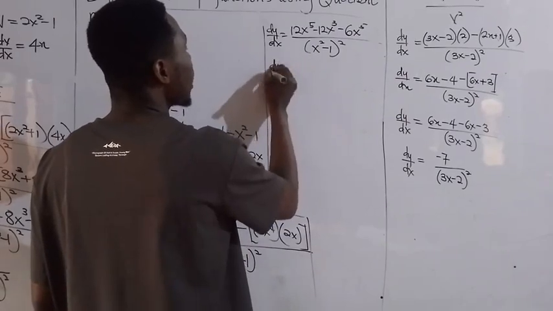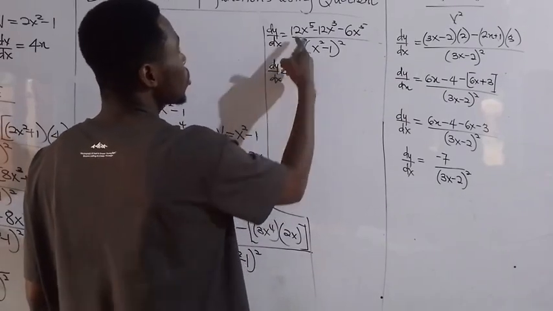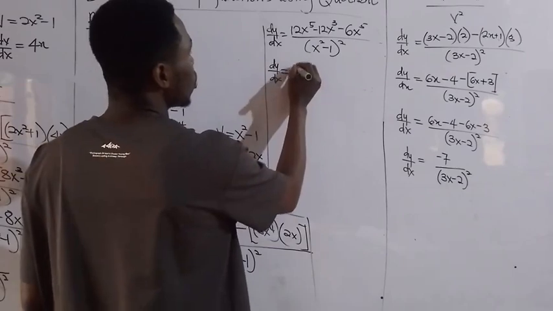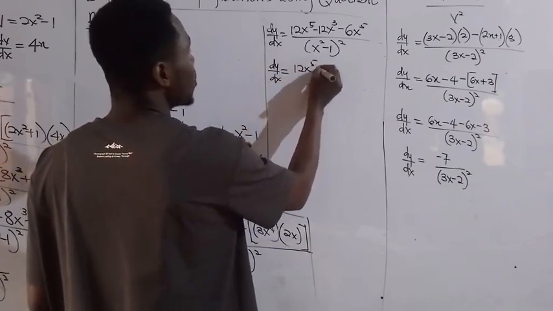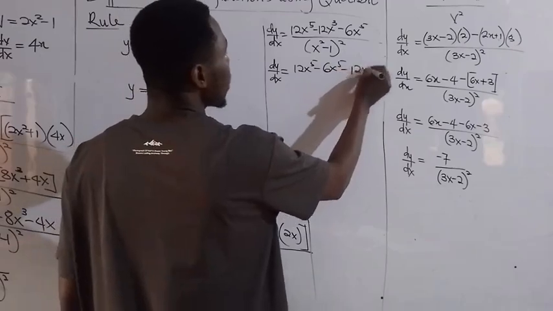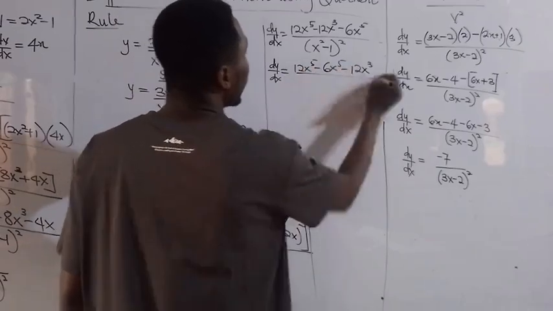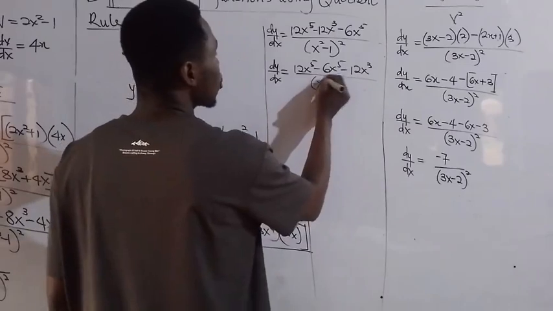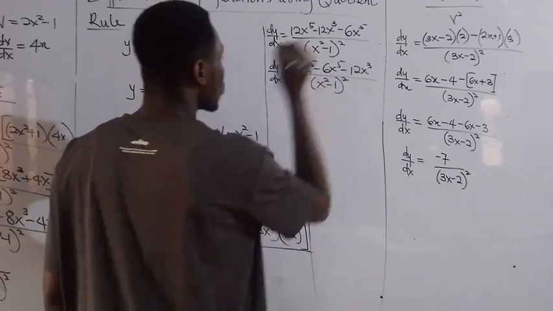So our dy dx will be equal to, we group like terms, 12x to the 5th power minus 6x to the 5th power minus 12x to the 3rd power all over x squared minus 1 squared.